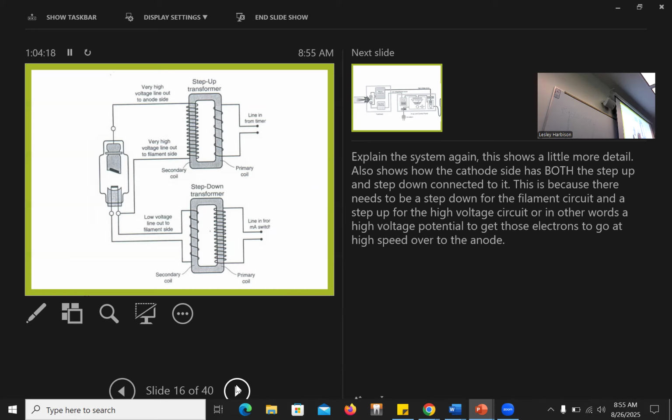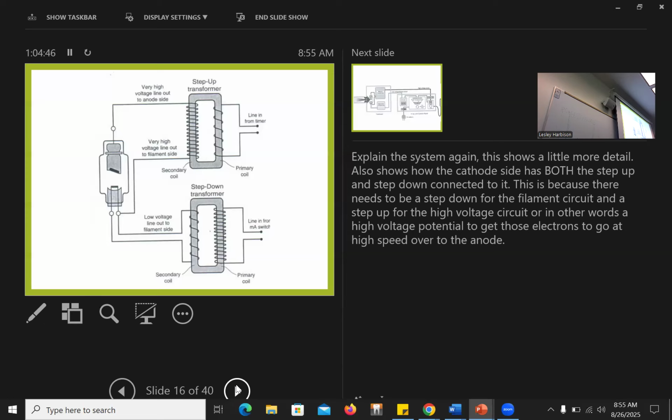So the step up sort of works on both sides to zap them and get them to move fast. But I still want your main understanding of it to be that it has to do with the anode side, because we're trying to get them to fly over to the anode side. It's controlled by kVp. It increases voltage, and the step down is just controlled by mA and it's just on the cathode side.